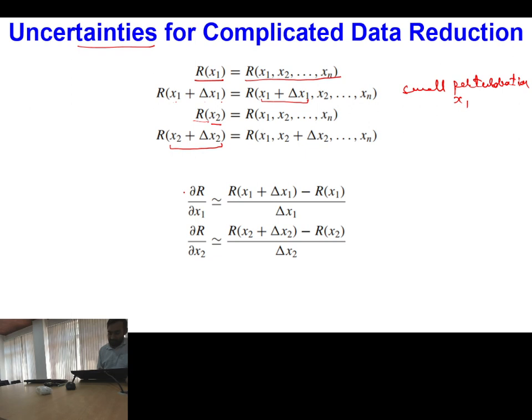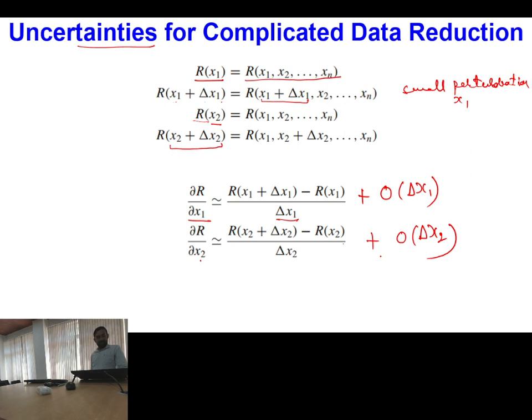Now, if I have to calculate del r by del x1, what will it be? I can write it as r of x1 plus delta x1 minus r of x1, divided by delta x1, when I am considering the order of accuracy to be first. Likewise I can do this for the others, but in this one the order of accuracy is delta x1, here the order of accuracy is of the order of delta x2.